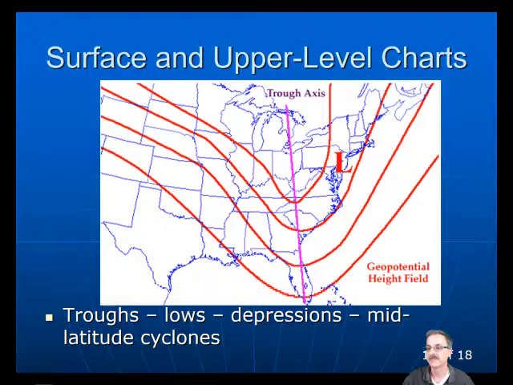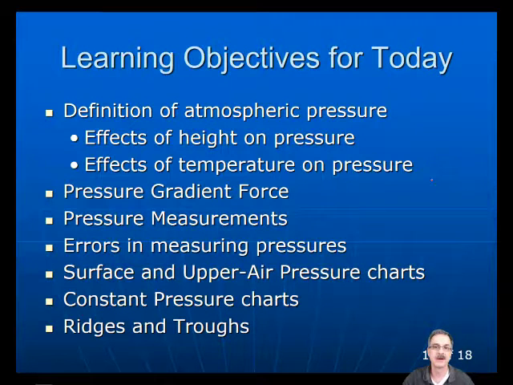All right, so this finishes all the information for this online lecture today. I just want to remind you that you should have a better understanding of what atmospheric pressure is, how height affects pressure, how temperature can affect pressure, what the pressure gradient force is, how we will measure pressures in the atmosphere, and errors associated with measuring pressure that we have to pay attention to.